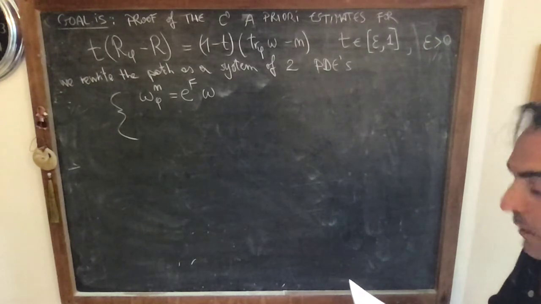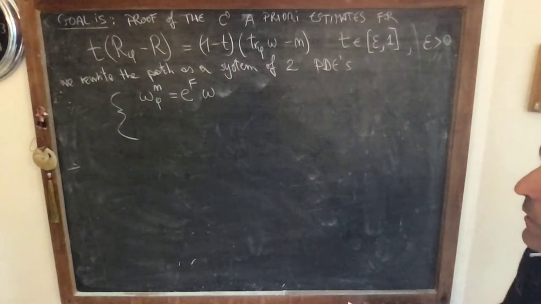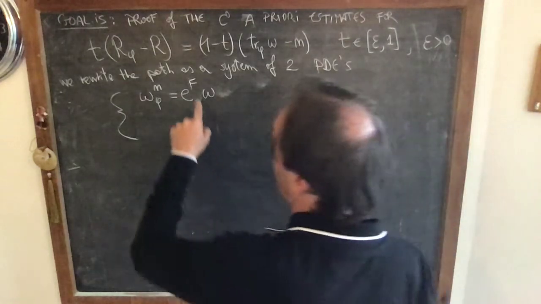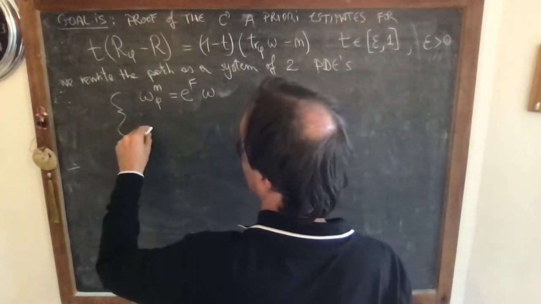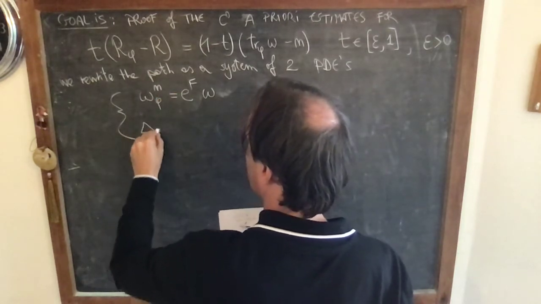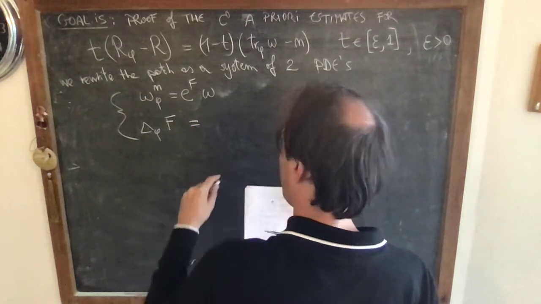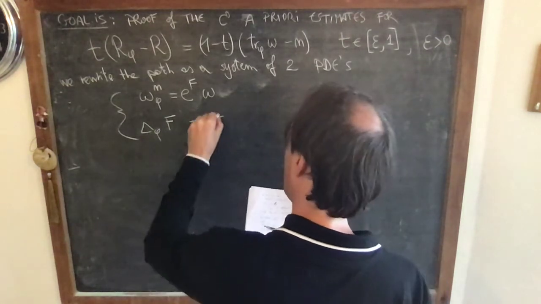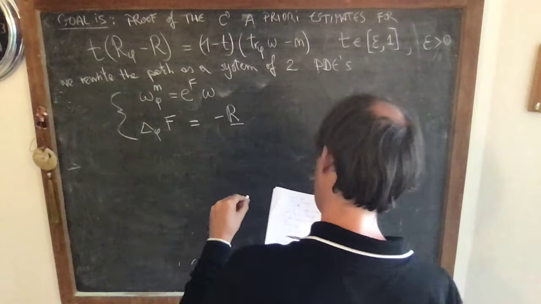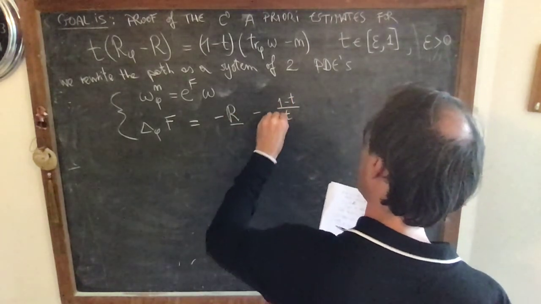And so f is a function that should be linked to the path in the following way: minus the average of the scalar curvature minus 1 minus t over t.